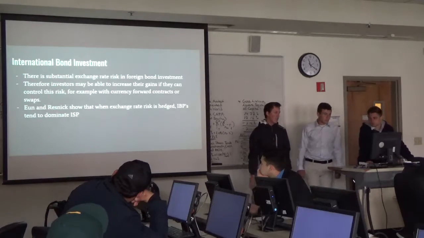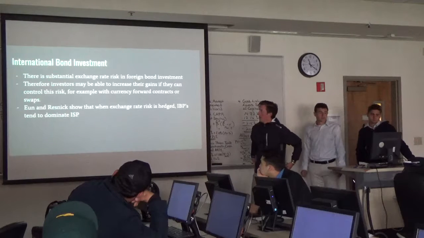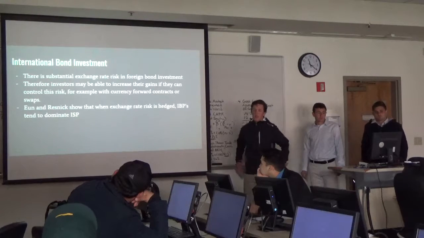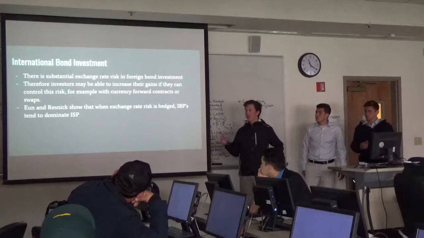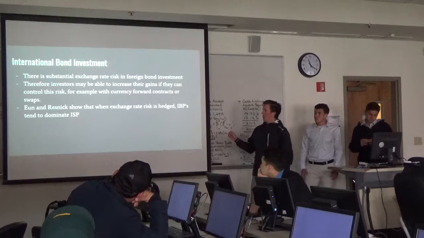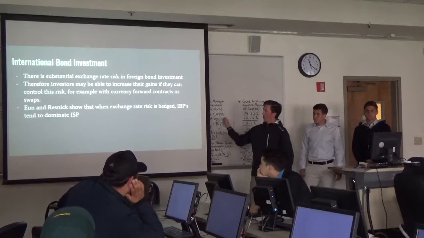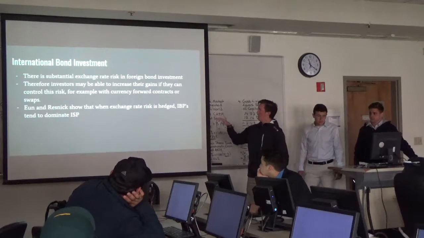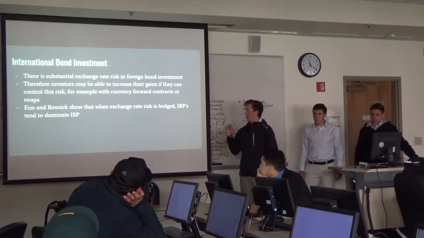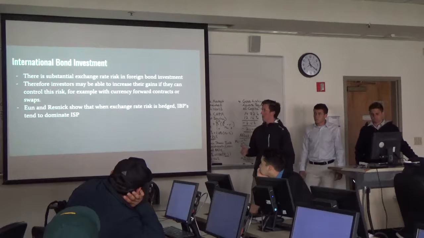And then when we're looking at international bond investments, we see that there's a substantial amount of exchange risk. So when we're looking at the bond markets, in order to gain and control the risk, we would want to look into derivatives such as currency forward contracts or swaps, and using these, we can hedge off some of that exchange risk and really hike up the returns.